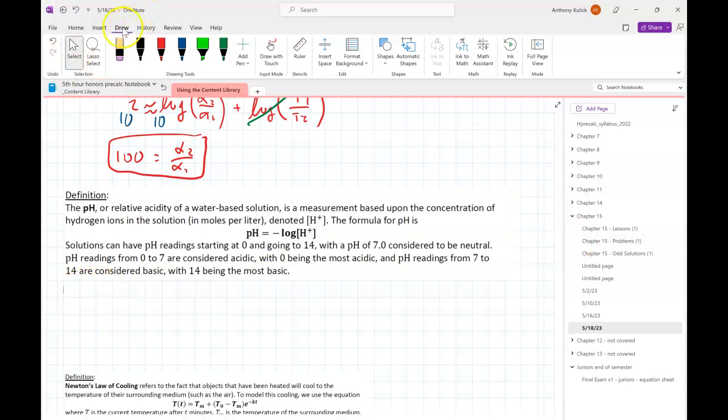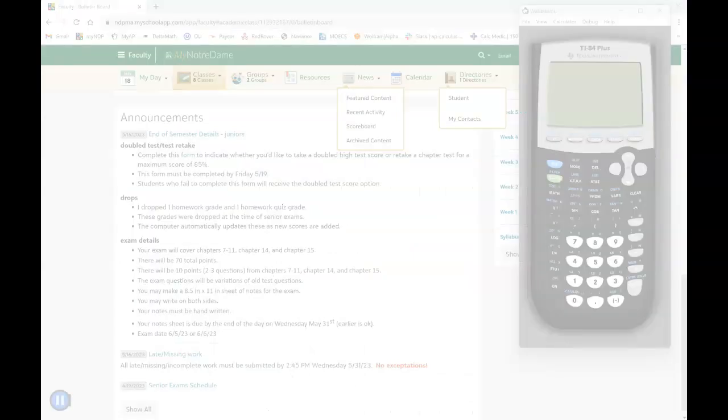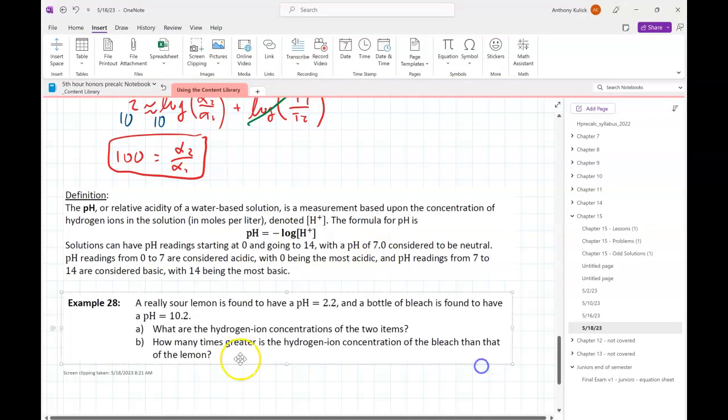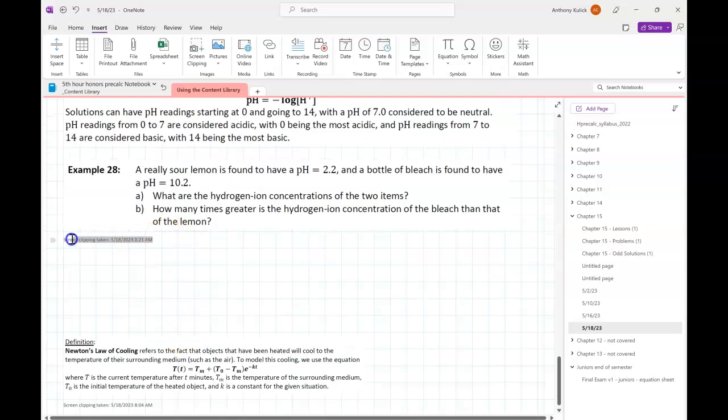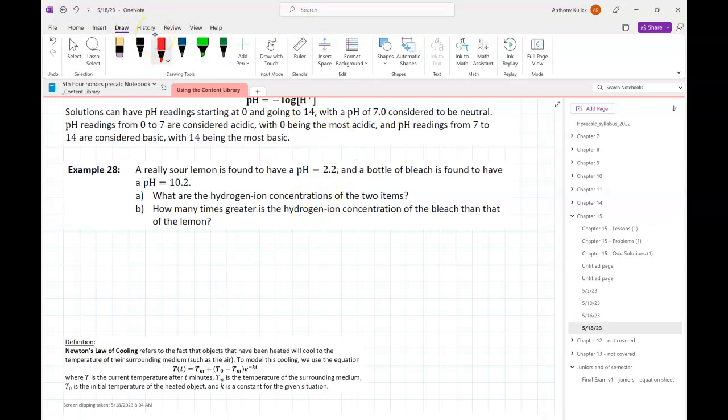So let's look at an example here. A really sour lemon is found to have a pH of 2.2, and a bottle of bleach is found to have a pH of 10.2. What are the hydrogen ion concentrations of the two items?